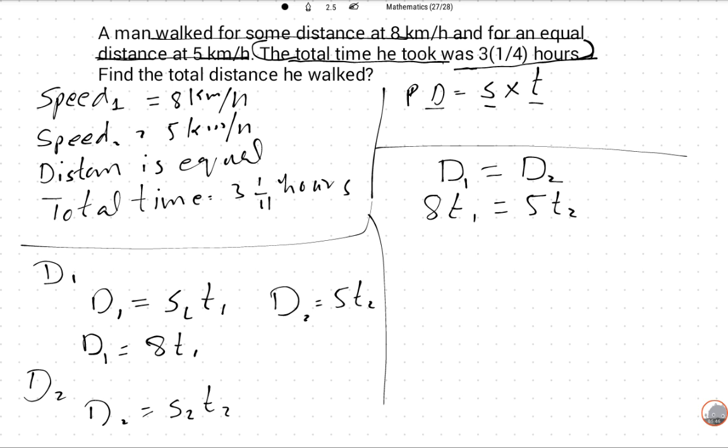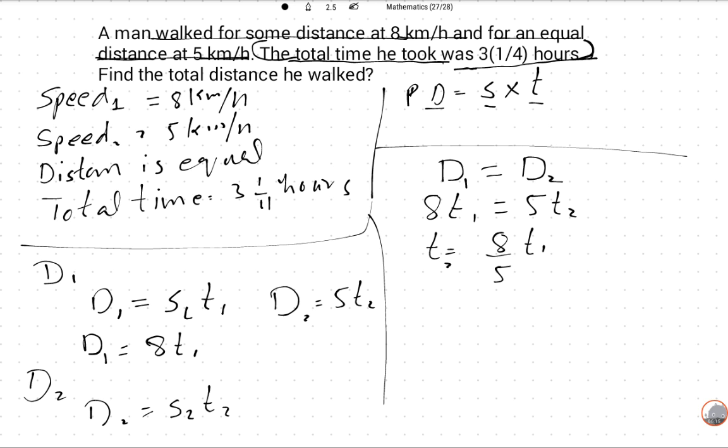Okay, so we can find out the value of t1 or t2. Why? Because we cannot find out two variables at a time. Okay, so t2 is equal to 8 upon 5 t1.